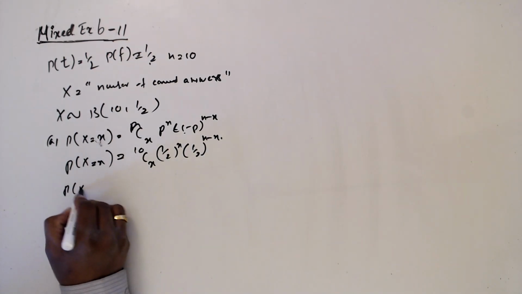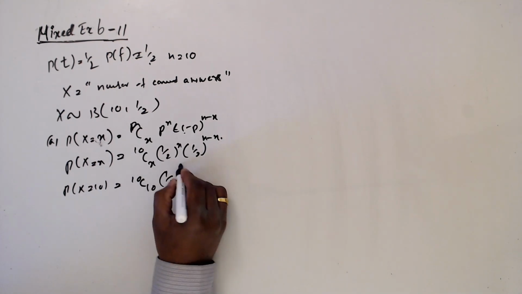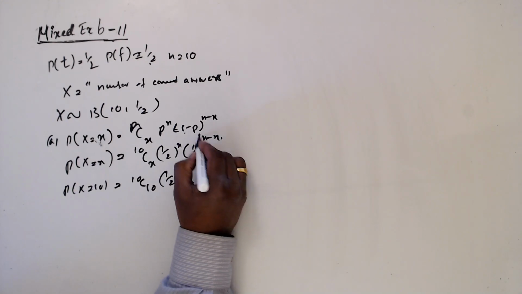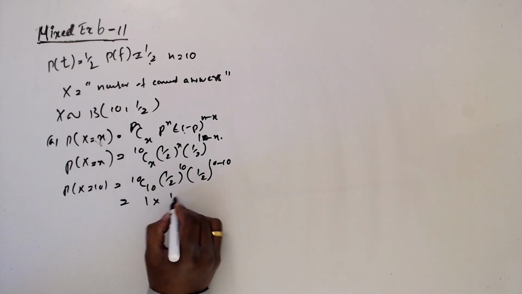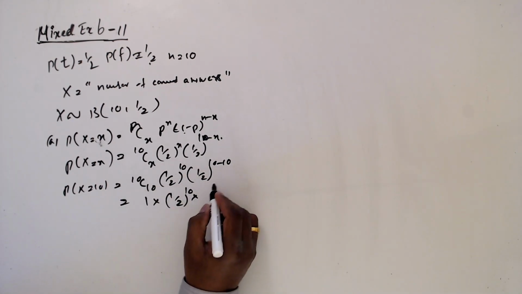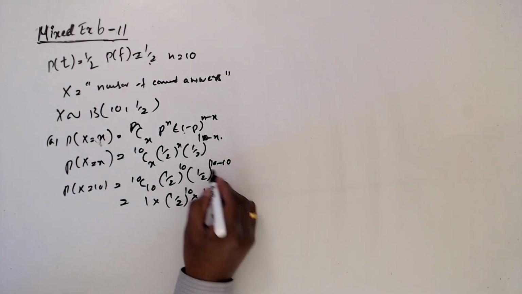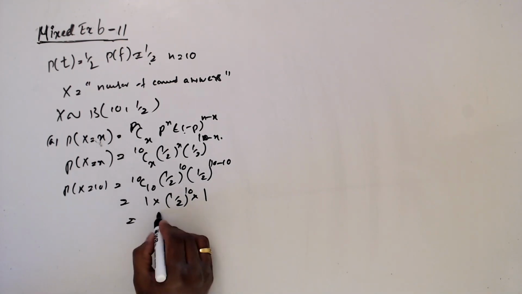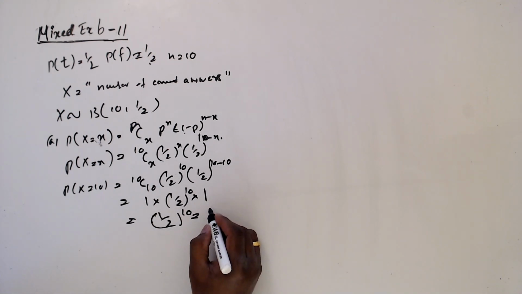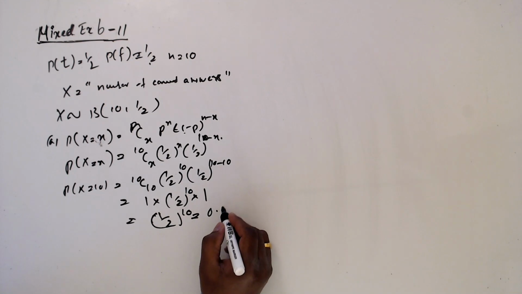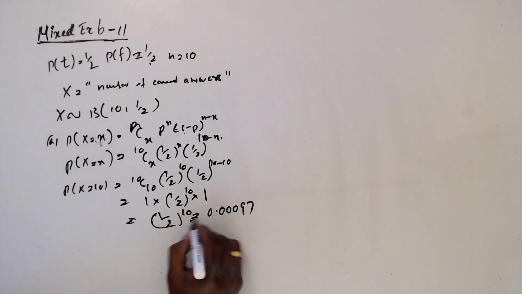Then probability of x equal 10 is 10C10, so half to the 10, then half to the 10 minus 10, so this is 1. Half to the 10 times 1 again, 10 minus 10 is 0. So this is half to the 10, 0.001 approximately.